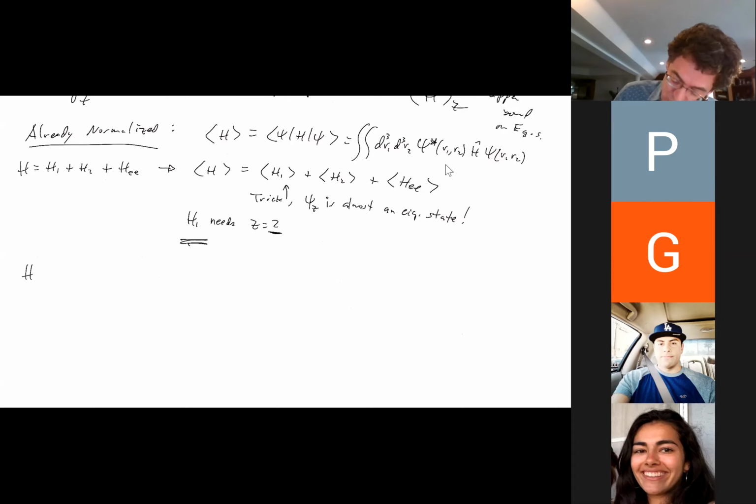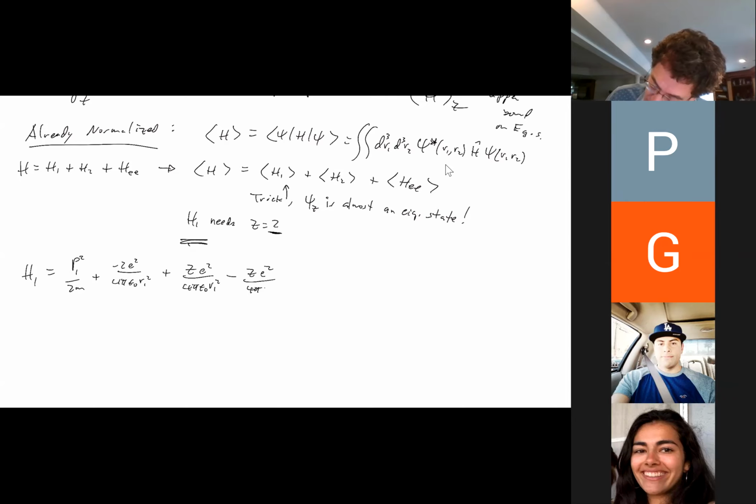We're going to say that H1, which we know, is P1 squared over 2m plus minus 2 e squared over 4 pi epsilon naught R1. We're going to do a little trick: plus Z e squared over 4 pi epsilon naught R1 minus Z e squared over 4 pi epsilon naught R1. This is the old add-0 trick.